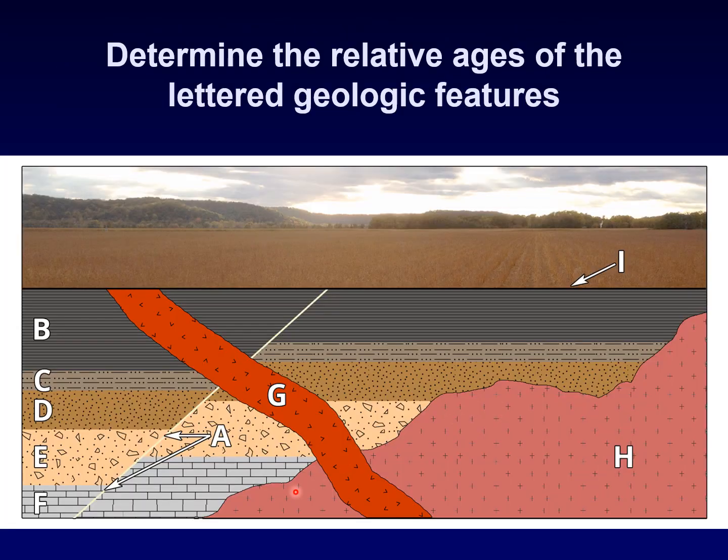So for this one, right at the bottom here, I see H is pretty dominant in the bottom of the cross section, but it cuts across a bunch of layers, so I'm going to ignore it for now. I'm going to look for my first sedimentary layer that I see.